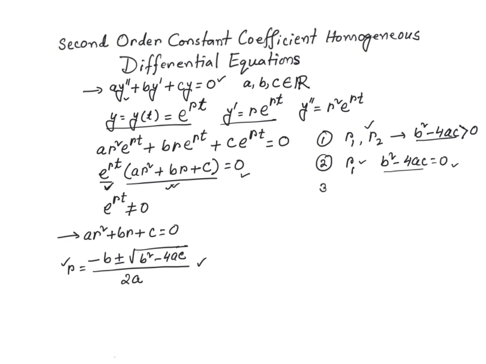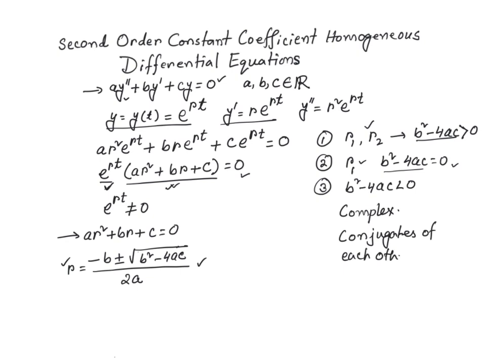The third scenario is if the discriminant b squared minus 4ac is less than 0. In that case, you will have complex solutions. As you know, for quadratic equations, the complex solutions are conjugates of each other.